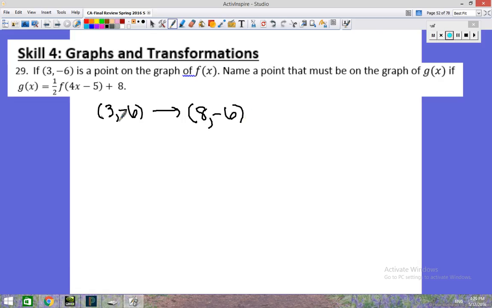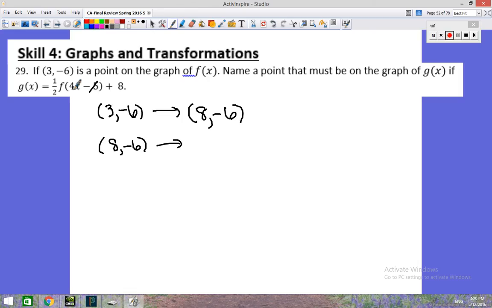A shift to the left or to the right isn't affecting the y-coordinate. The x-coordinate controls left and right when you're plotting points from the origin. The result is this 8, -6. So we've taken care of shifting it to the right 5 units. Now, this 4 is a compression. The type of compression, it's bizarre.